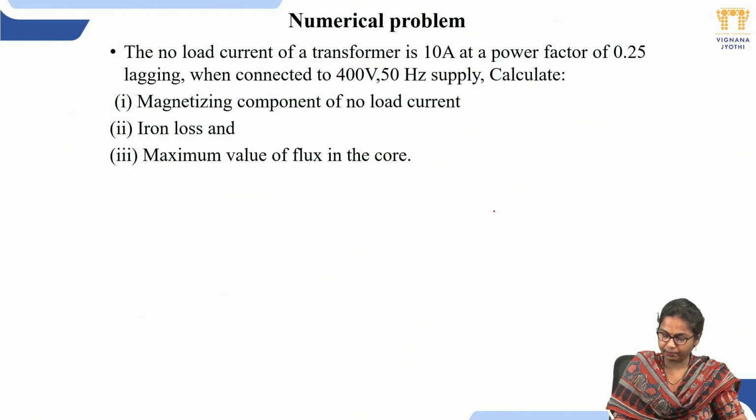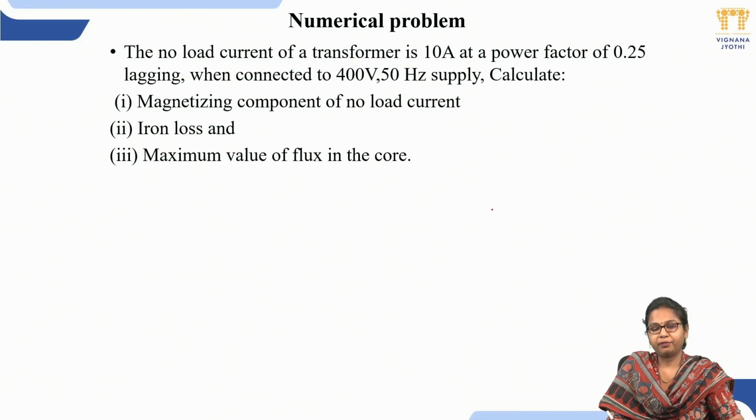The amount of EMF induced in the primary is represented with E1 and E2, and as far as an ideal transformer is concerned, we have considered V1 and E1 were equal and V2 and E2 were equal. Now we have switched into the topic of practical transformer, where we have to see all the components individually.